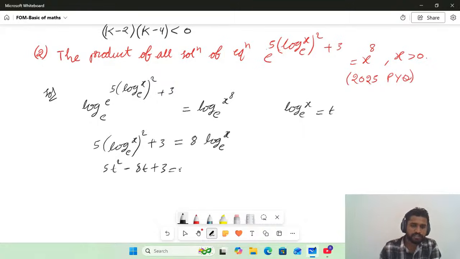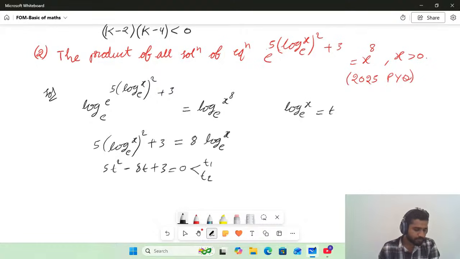So what is this equation? This is a quadratic equation in t. Let us assume t1 and t2 as the zeros of this quadratic equation.